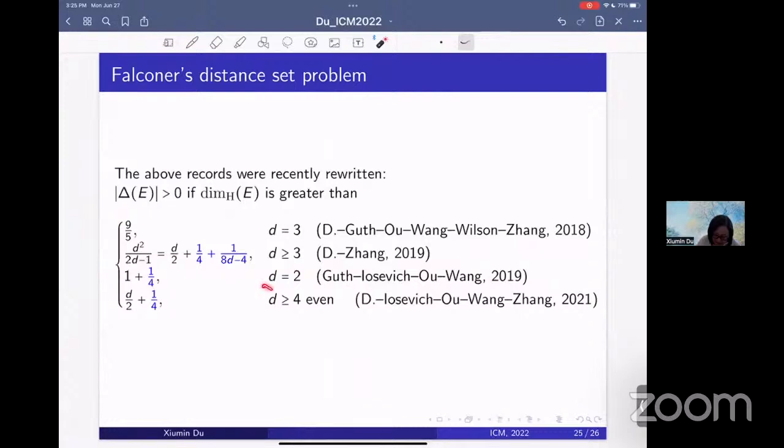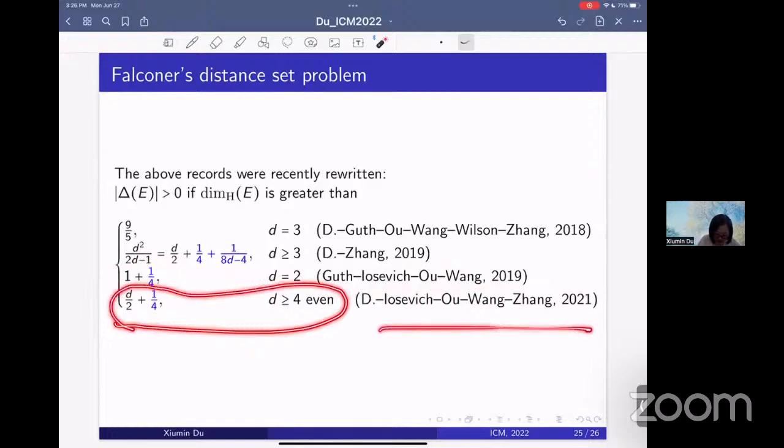And in this breakthrough by Guth, Iosevich, Ou, and Wang, in dimension 2, the threshold 1 plus 1/3 was further lowered to 1 plus 1/4. And this result was later extended to every even higher dimension in this joint work.